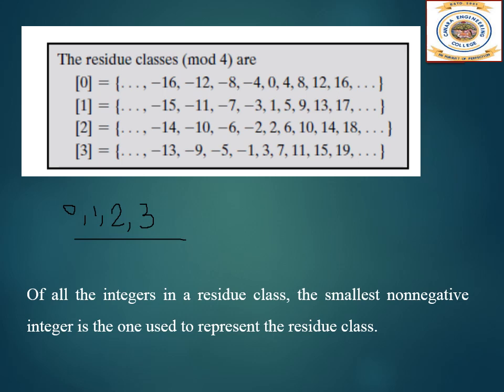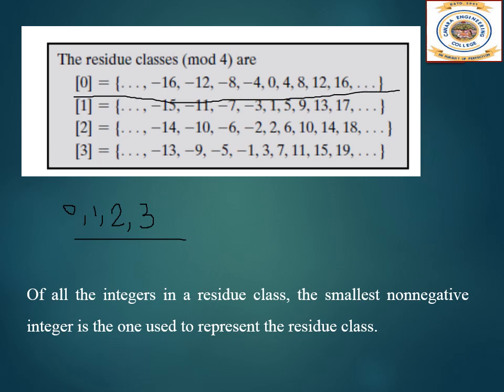Similarly 8 mod 4, 12 mod 4, 16 mod 4 give 0. Similarly the negative way, minus 4, minus 8, minus 12, minus 16. So these correspond to 0.